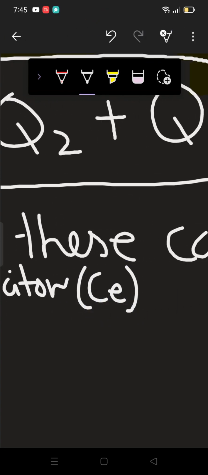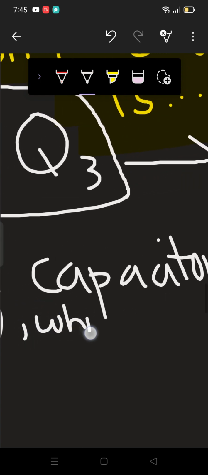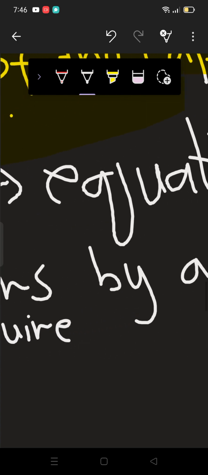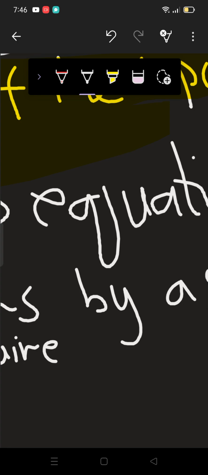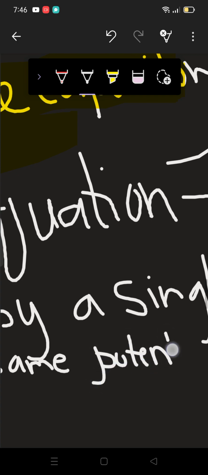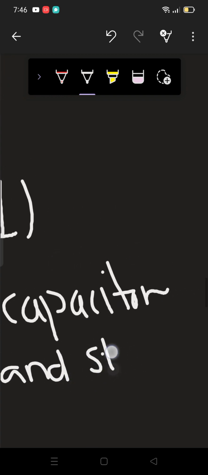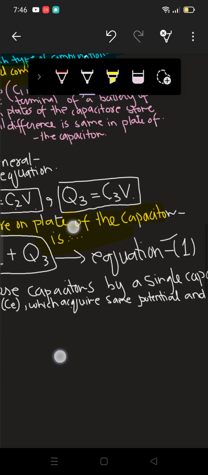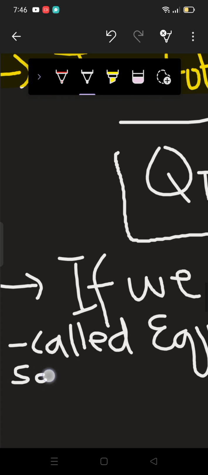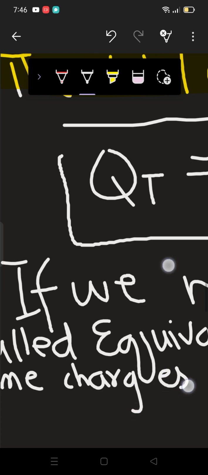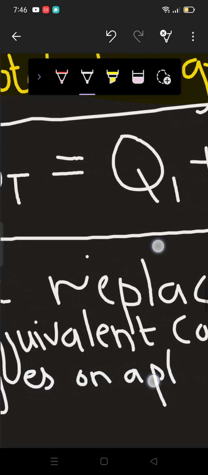As we discussed in the series combination as well, it acquires the same potential and stores the same charge on the plate of the capacitor.